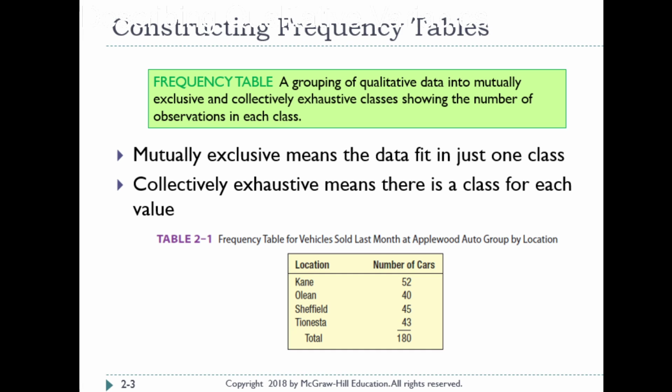So a frequency table is for qualitative variables, and we'll have something similar for quantitative variables, but a frequency table is pretty straightforward. The classes are already there for us. We didn't have to do anything to come up with Kane and Olin and Sheffield and Tionesta other than learn how to pronounce them.